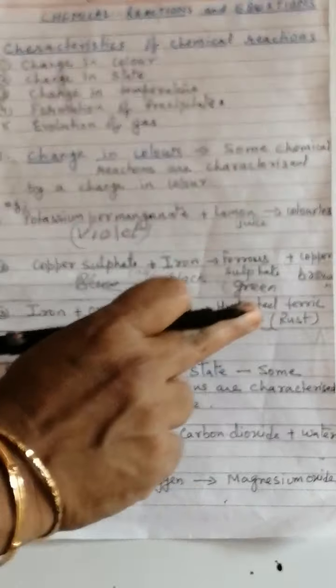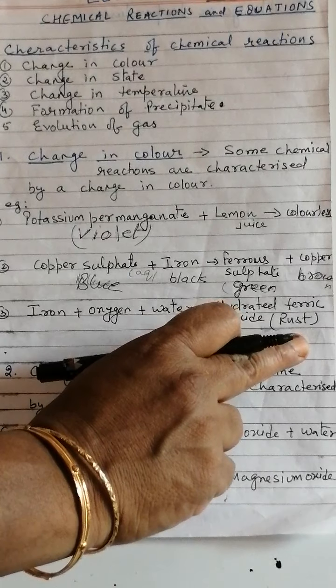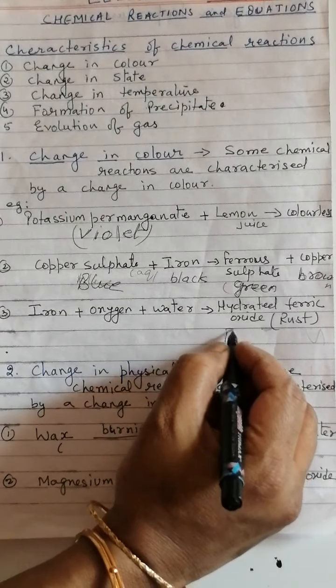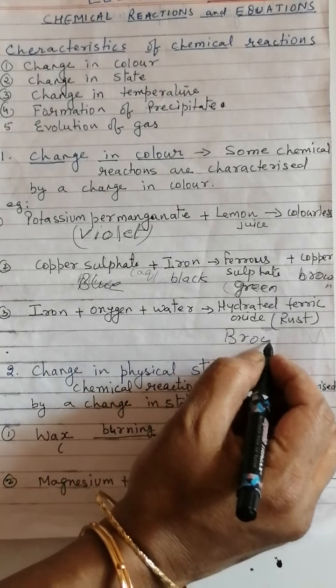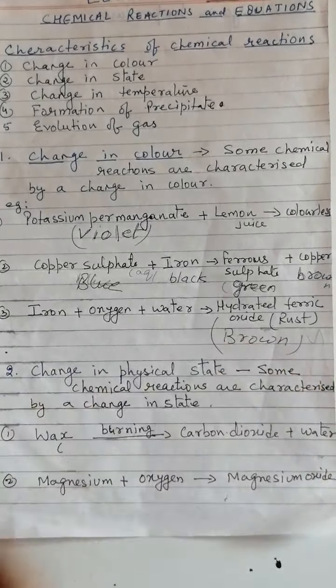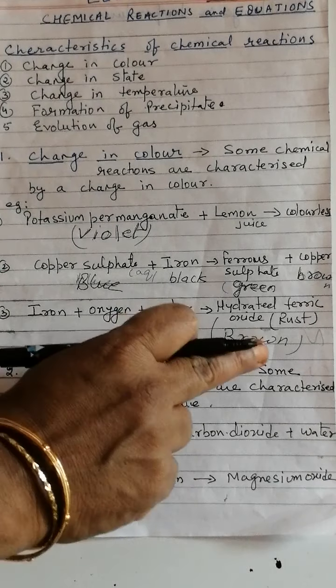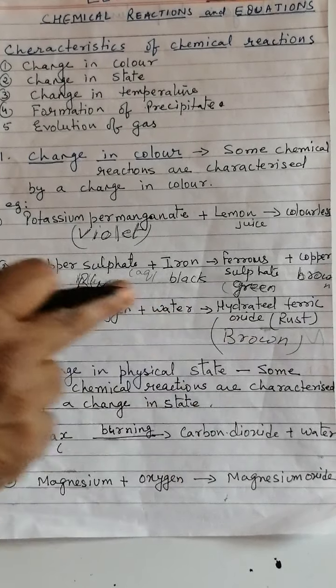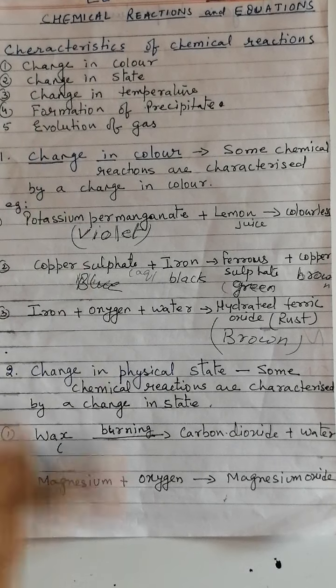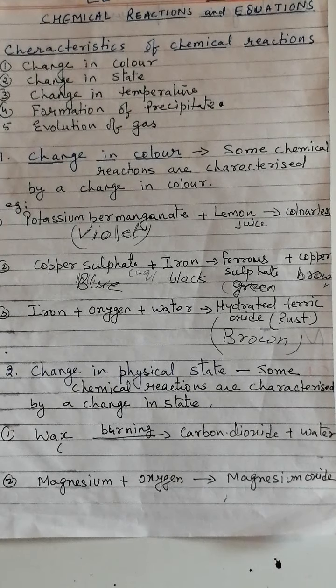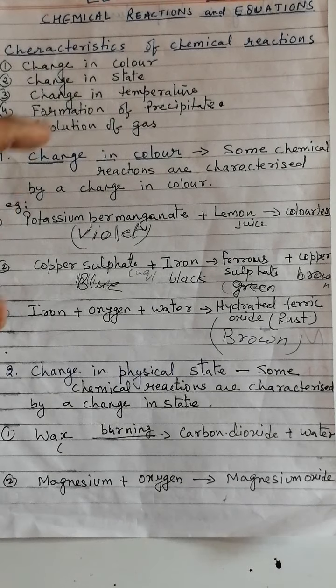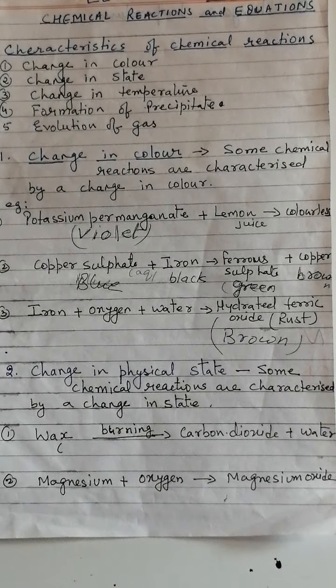This hydrated ferric oxide is known as rust and its color is reddish brown. Iron, dark grey or black, changes to brown color, and all the three are types of chemical reaction or chemical changes where you can find the change in color.